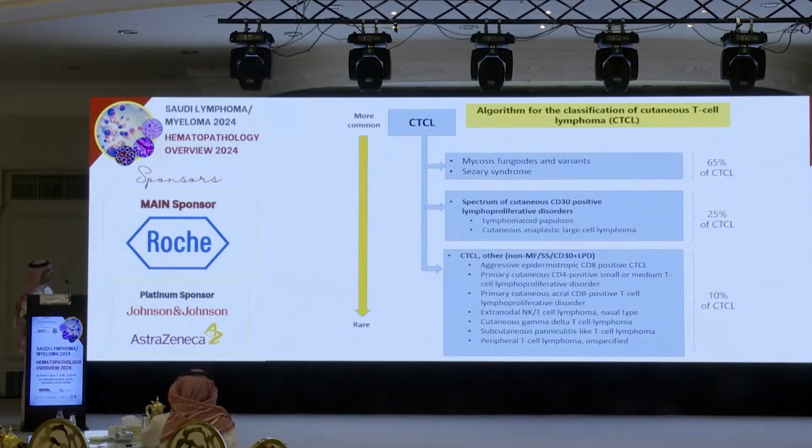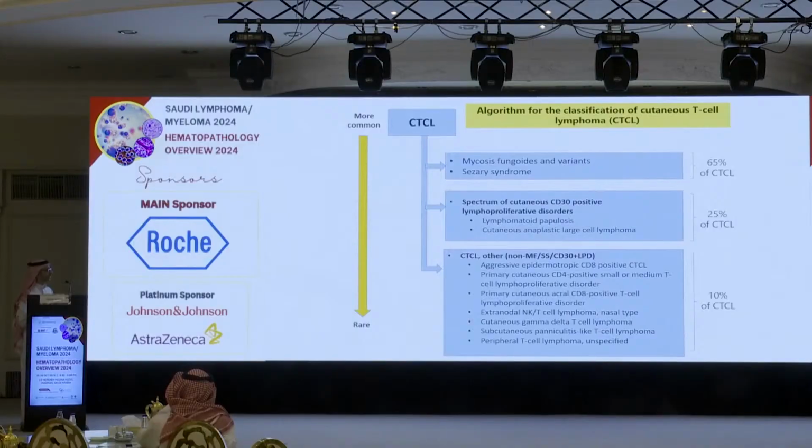Cutaneous T-cell lymphoma is a big group of disorders. The largest group includes mycosis fungoides and Sézary syndrome, and this represents 65% of CTCL, followed by CD30 positive lymphoproliferative disorders, including LYP and ALCL, representing 25%.